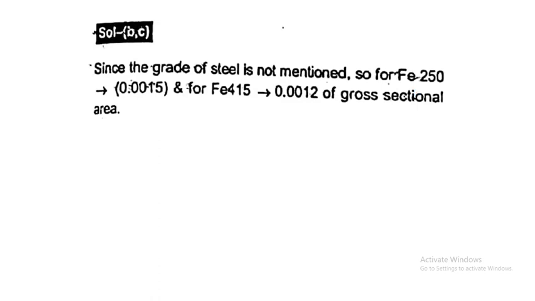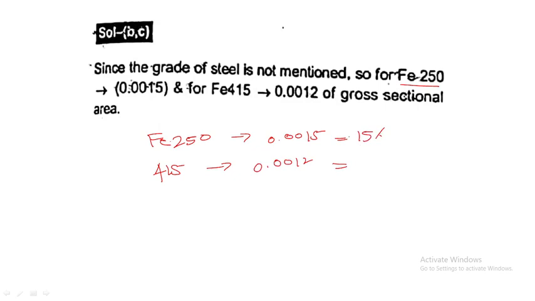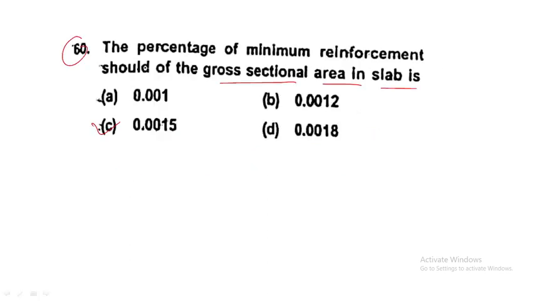Since the grade of steel is not mentioned, for Fe 250, how much can we say? It is 0.15% for mild steel, and 0.12% for HYSD. So the answer for this question is B or C.